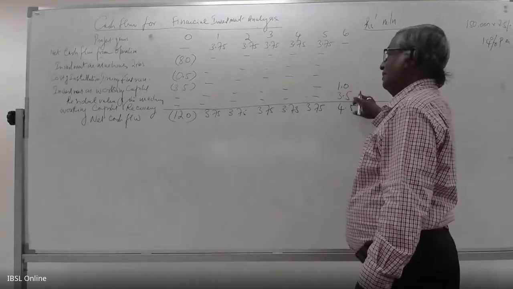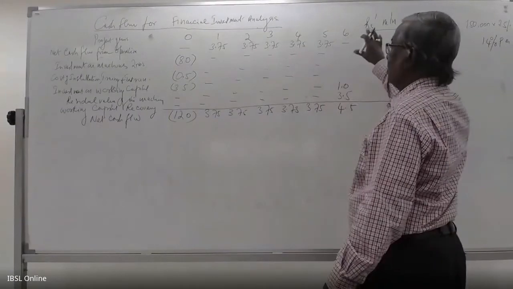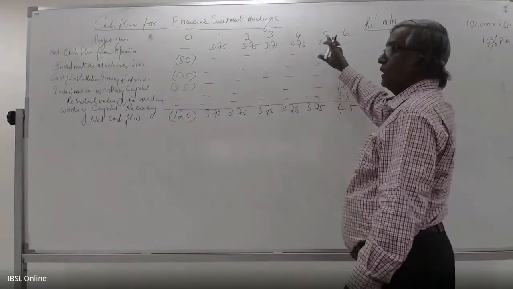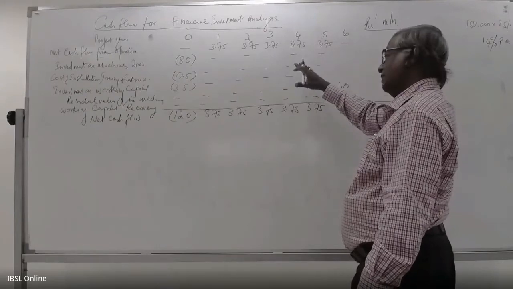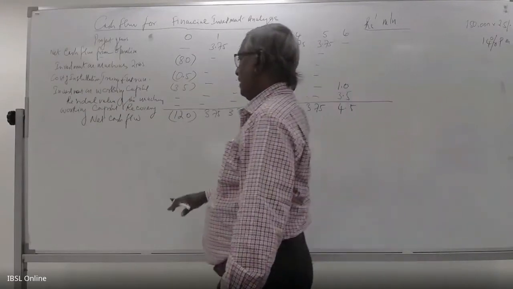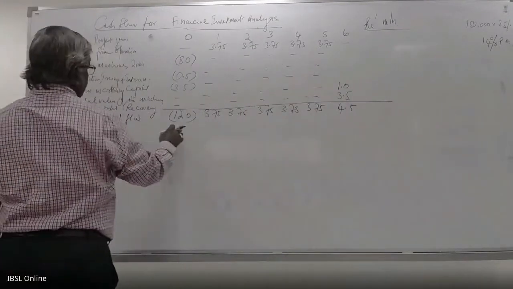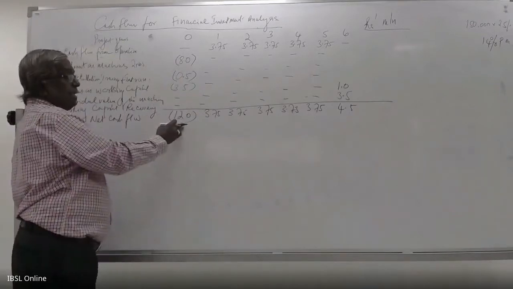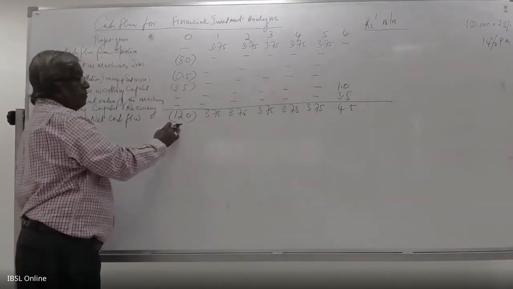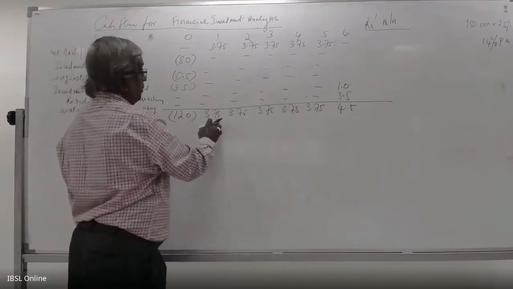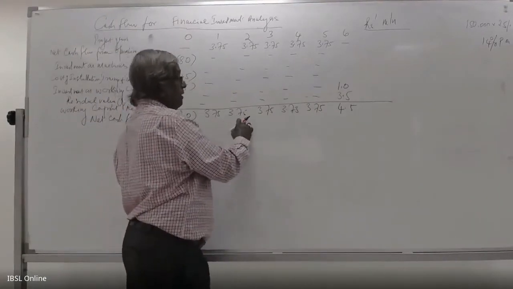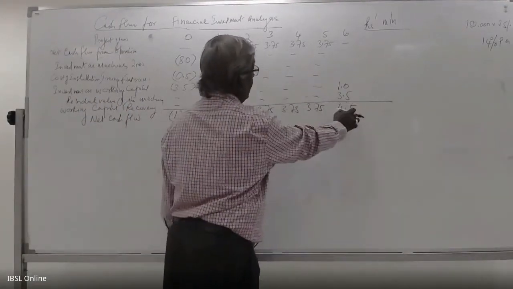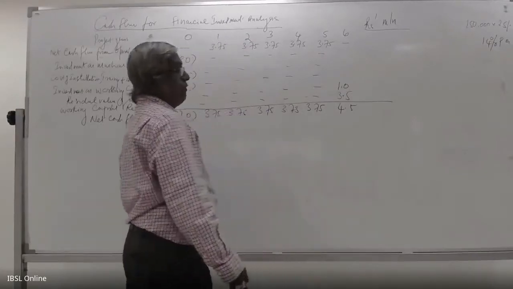Okay. So now we have worked out the normal cash flow for the investment analysis. The net cash flow is year 0, 12 million negative outflow, then 3.75 million inflow each year. Finally, in the 6th year, 4.5 million inflow.